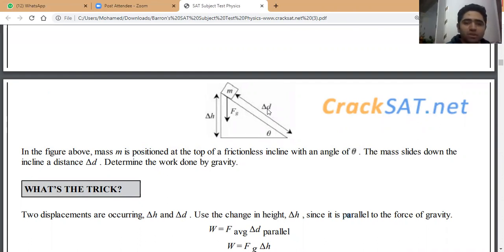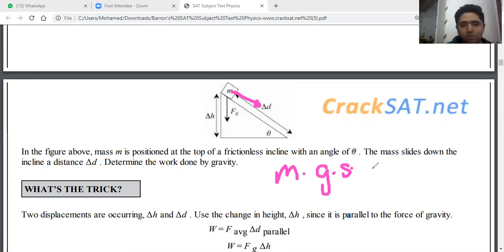So what you can do here instead, we understand that the force due to gravity that is parallel to the incline equals mg sine theta. So we can say mg sine theta multiplied by the displacement. But the most important rule is they have to be parallel.